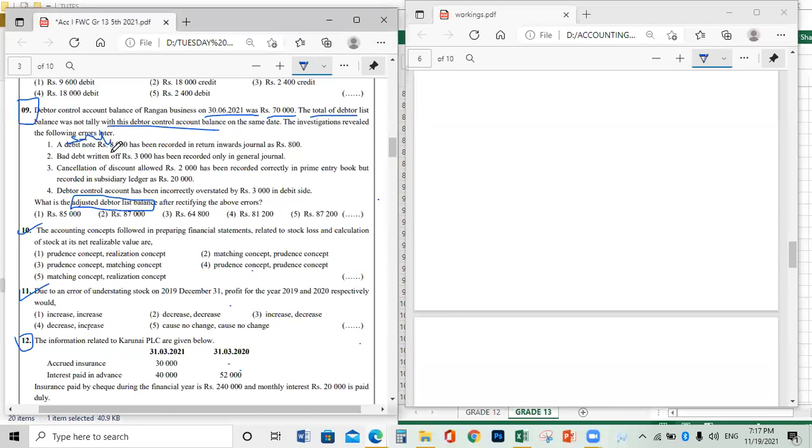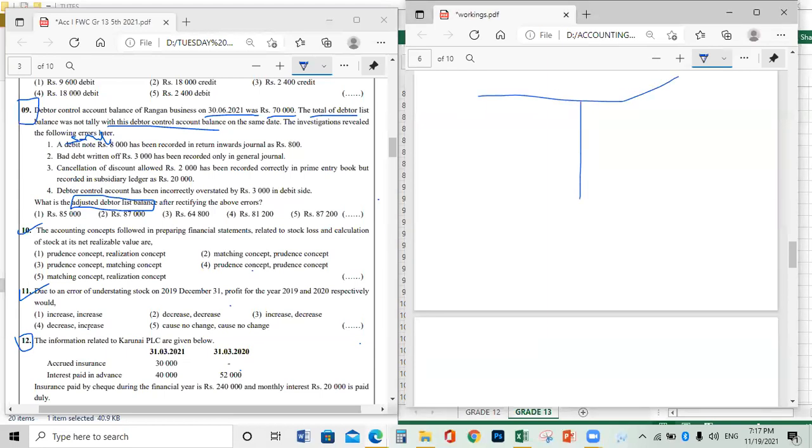So if there is a return inwards, you should record it as 8,000. You have recorded it as 800. Have you overstated or understated your return inwards? Now, guys, in your debtor control account, you should record return inwards. Return inwards reduces your debtors, right? You have to record 8,000 on the credit side.